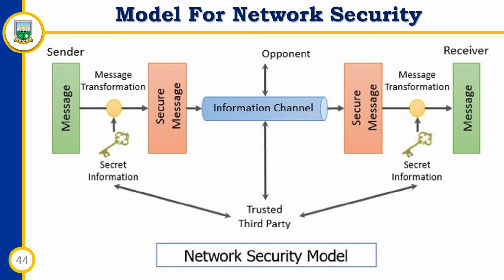We have two parties who are principals in the transaction. They must cooperate for the exchange to take place. A logical information channel will be established by defining the route through the internet from the source to the destination, and by a cooperative use of communication protocols.